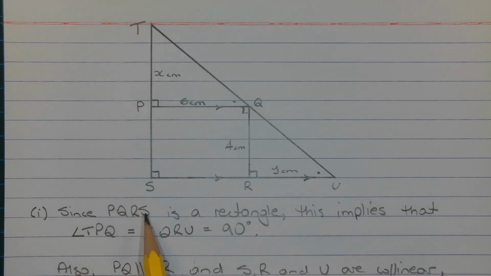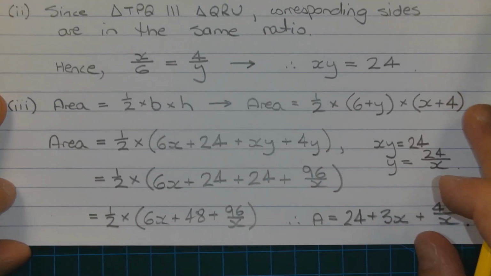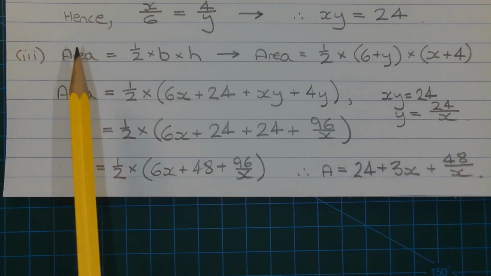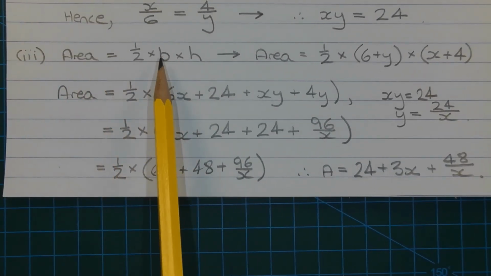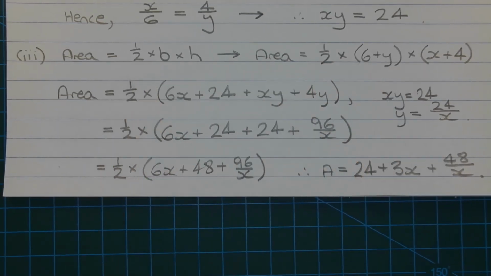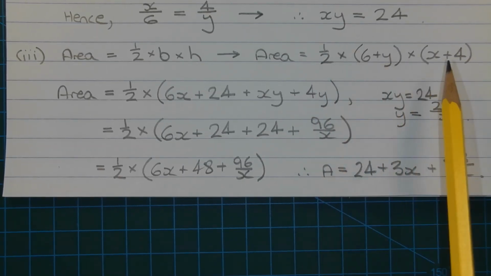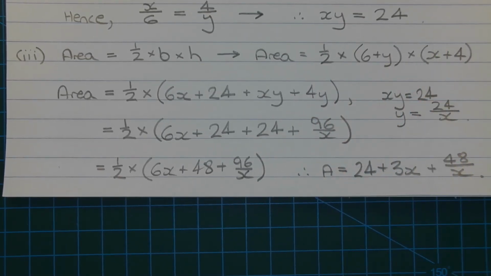And the perpendicular height, TS, has length x plus 4. So area is equal to half times the base times the perpendicular height. Substituting 6 plus y for the base and x plus 4 for the height, we get area is equal to half times 6 plus y in brackets times x plus 4 in brackets.